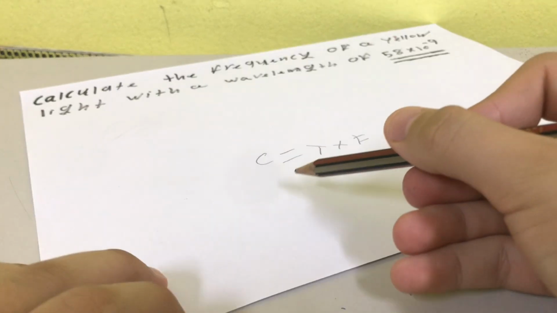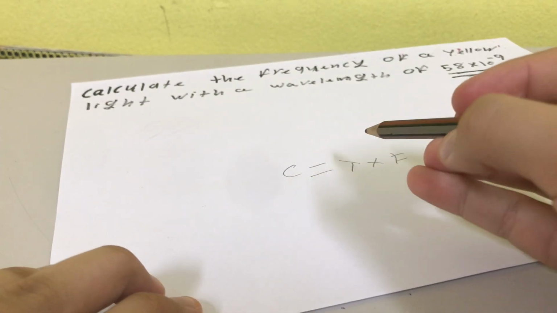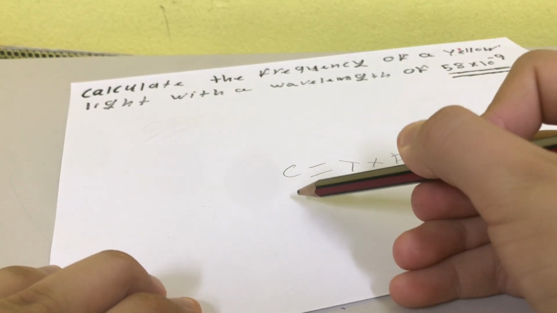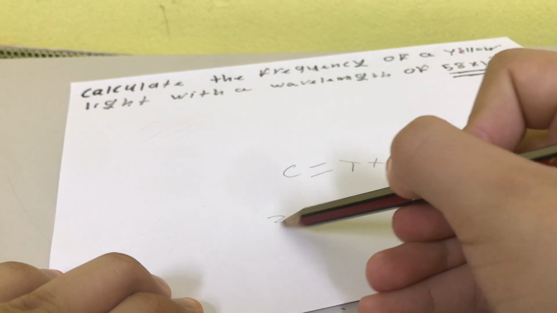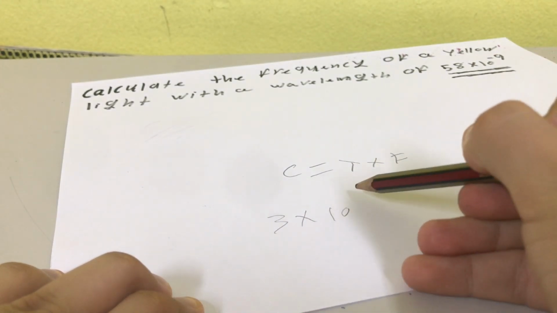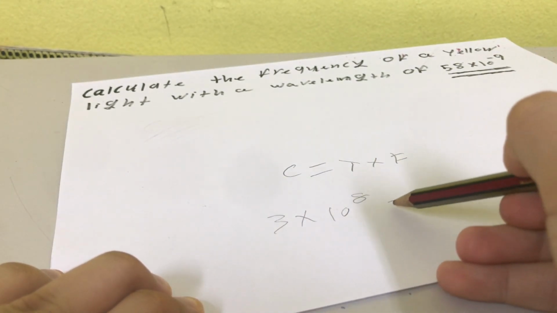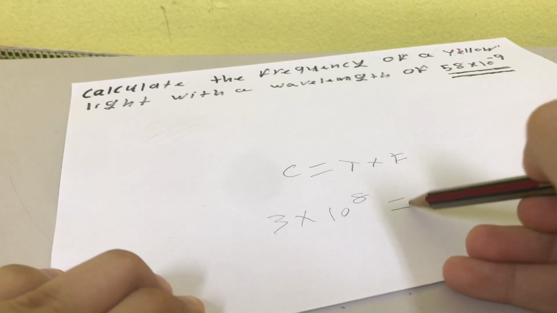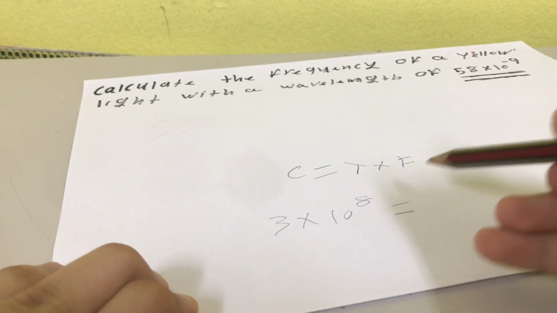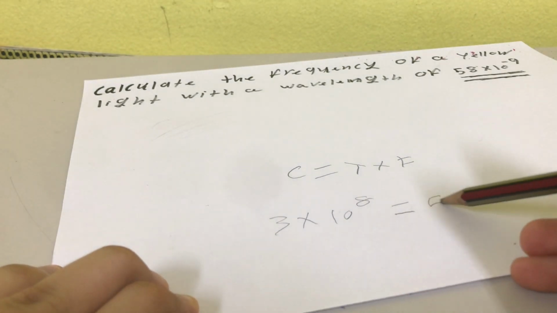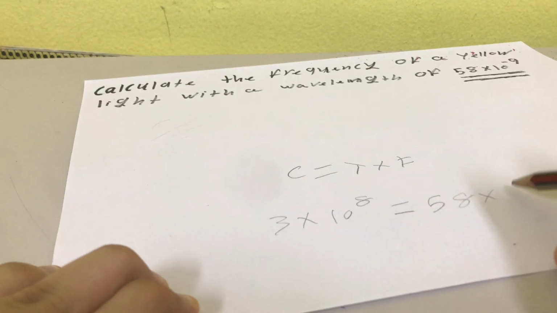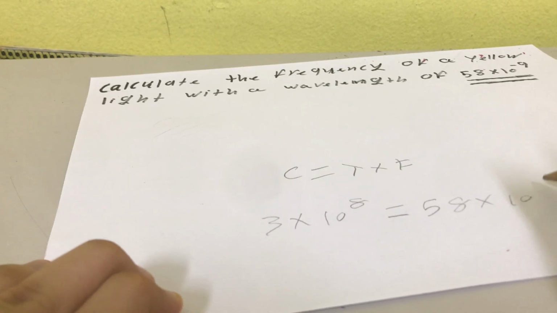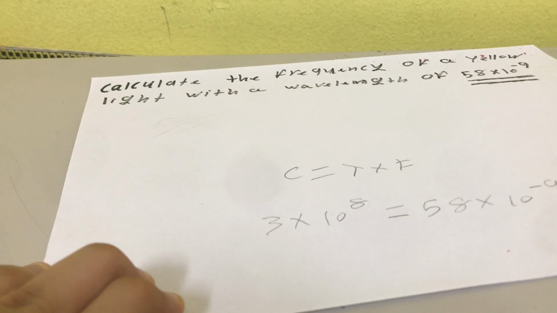So we know that C is the speed of light in a vacuum, so C is 3 times 10 raised to the 8 equals the wavelength given, 58 times 10 raised to the negative 9, times F.